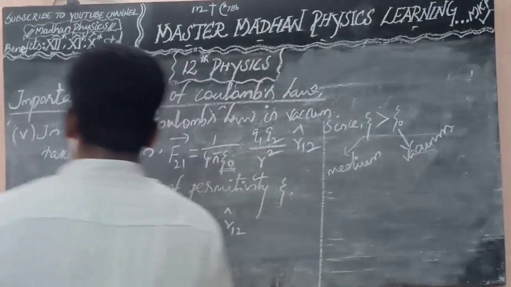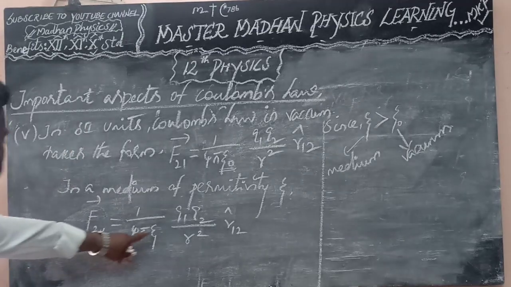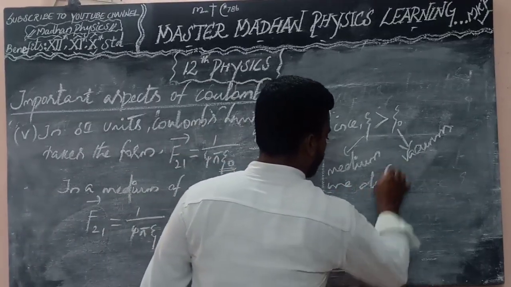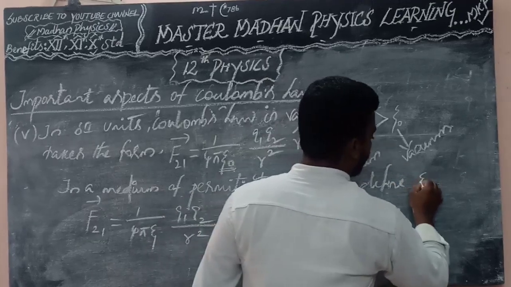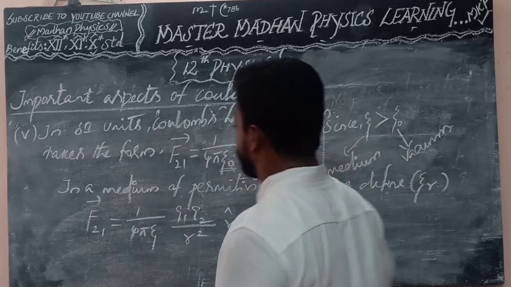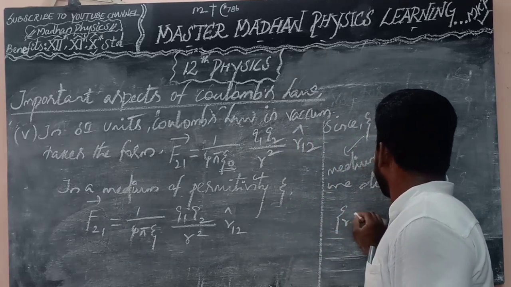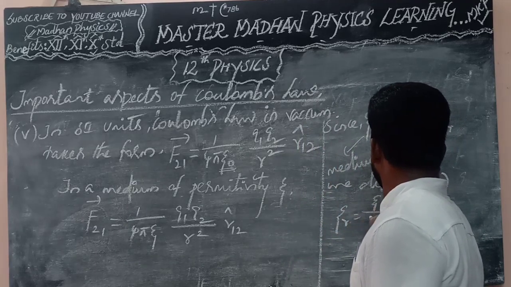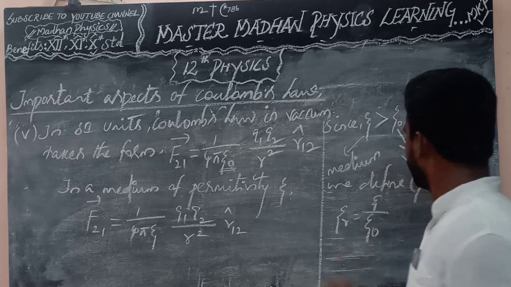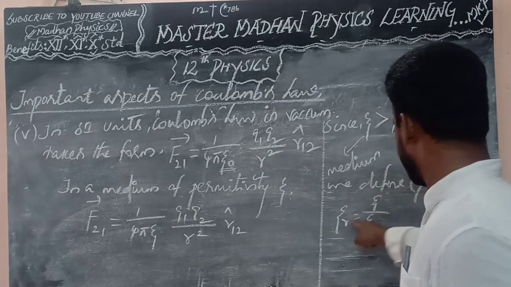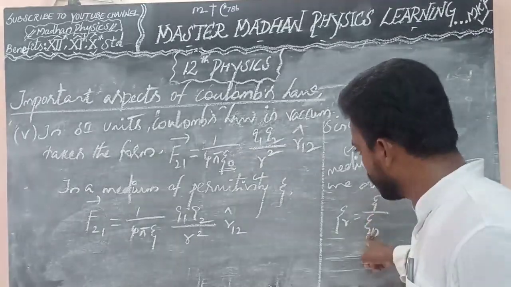So here we define the relative permittivity. Relative permittivity epsilon r is equal to epsilon by epsilon naught. Keep in mind, epsilon r is equal to epsilon by epsilon naught.